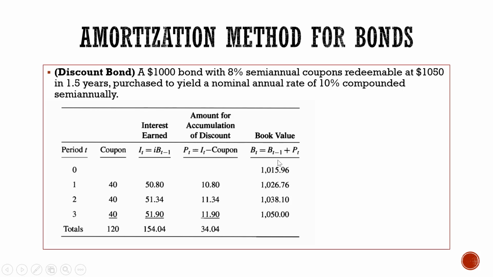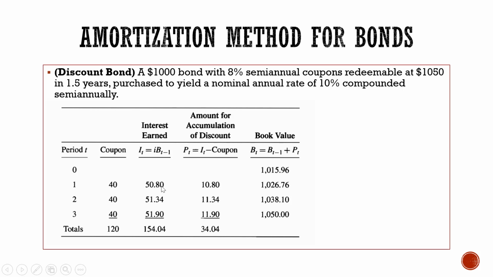We have learned how to calculate the price of the bond, so I skip this step. Here the price of the bond at time 0 is 1,015.96. Coupon is $40 at the end of each half year. Interest earned, here 5% is interest for each half year.